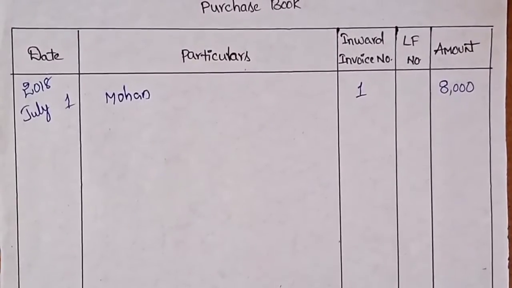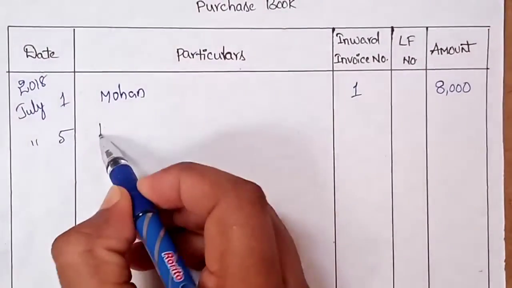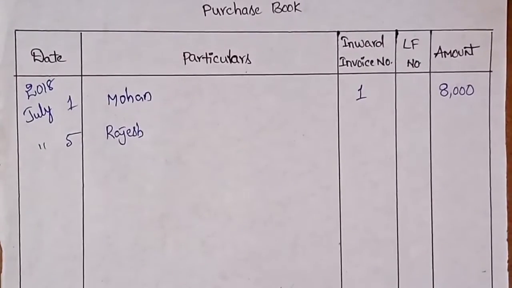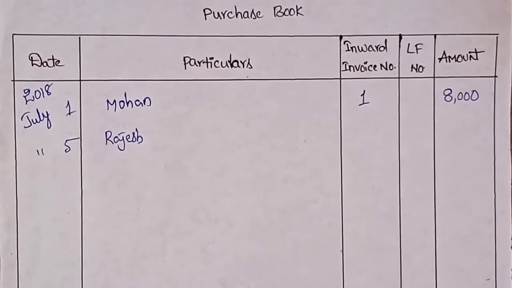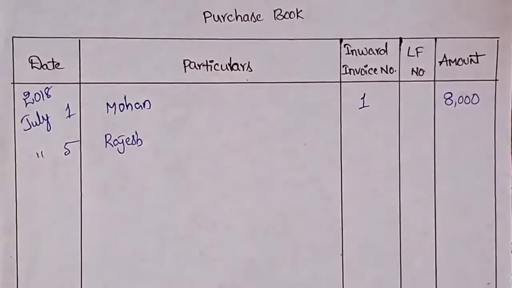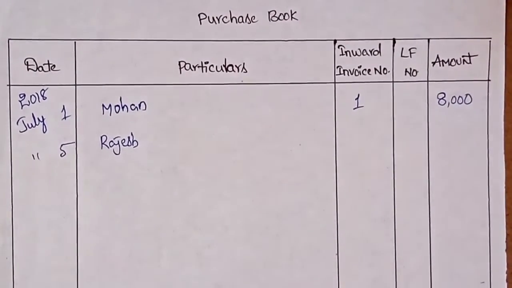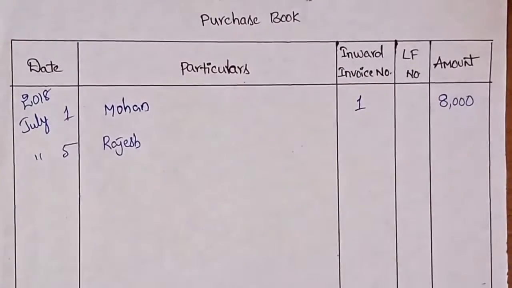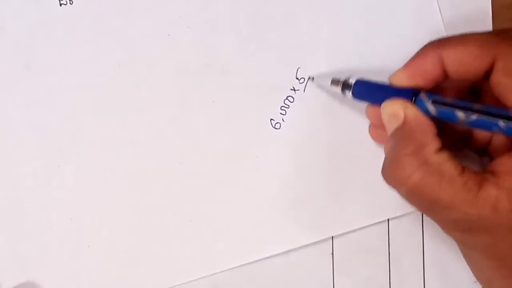Next, purchase transaction July 5th, supplier name is Rajesh, but Rajesh gave us trade discount 5%. That means when trade discount has been given, we should deduct the trade discount from the purchase price. How much is 5%? Total purchase price is 6,000 into 5 by 100.